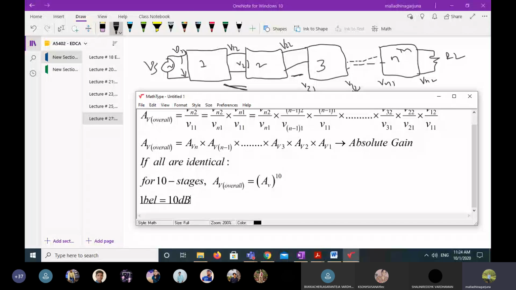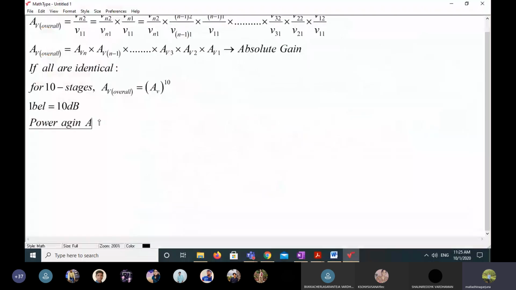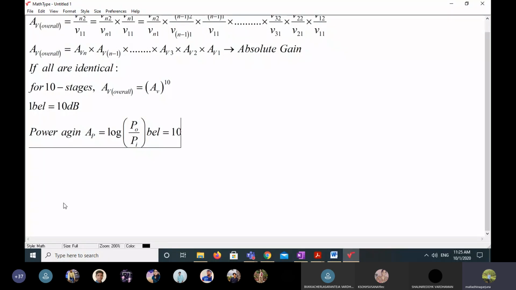Basically, the power gain, AP, is defined as log of P naught divided by Pi, in bels. Since 1 bel equals 10 dB, you can convert this to 10 log P naught divided by Pi, and the unit is decibels.